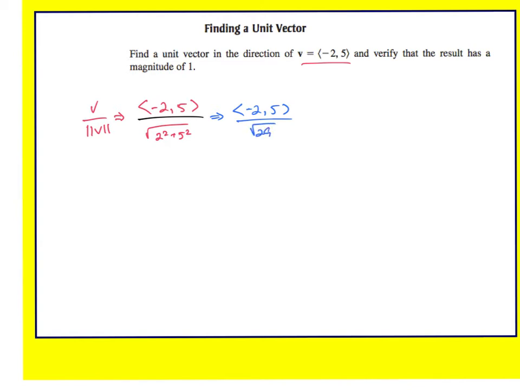Now we distribute, or really multiply by 1 over the square root of 29. So our unit vector is <-2 over square root 29, 5 over square root 29>. That is my unit vector for that problem, and it would actually have a magnitude of 1.